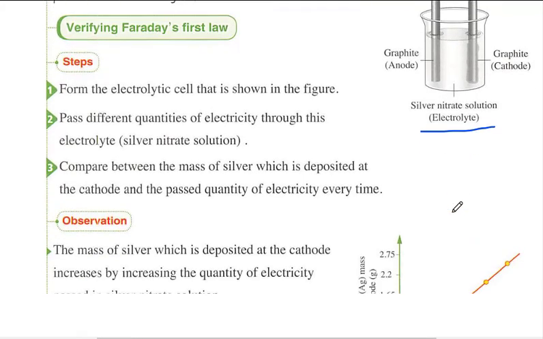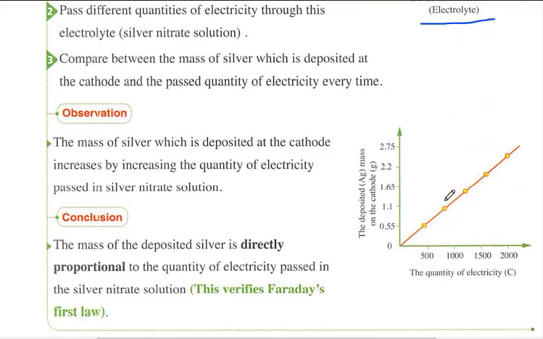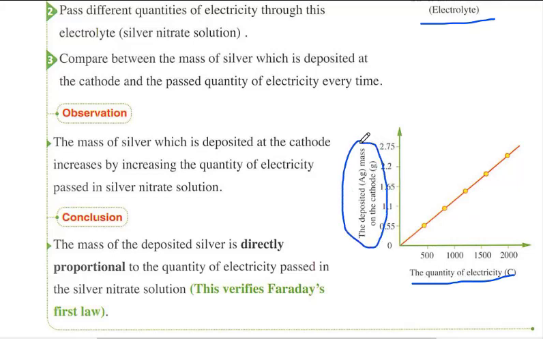We have to record our observations, the quantity of electricity each time and the mass precipitated on the cathode, and make a relation. It is a direct relationship. As the quantity of electricity increases, the mass of the deposited or liberated silver on the cathode increases, and this verifies the first law of Faraday.